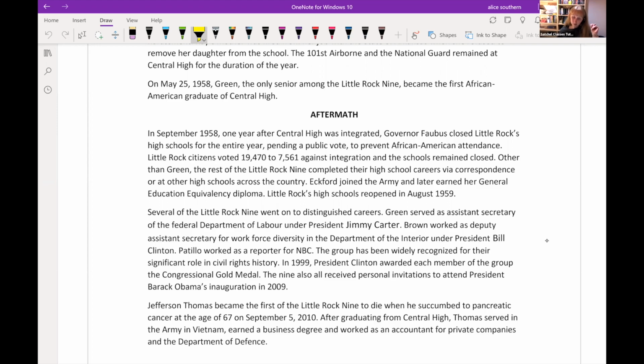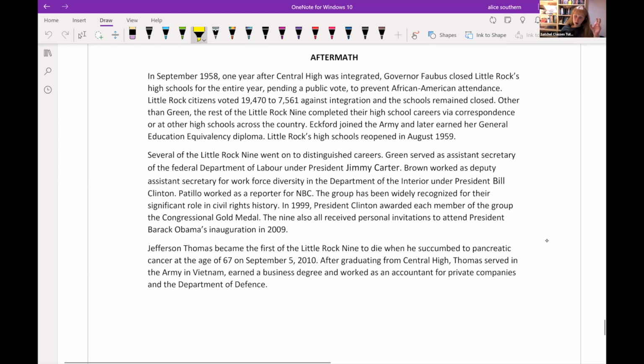So they do complete their high school careers via correspondence or somewhere else. Okay, so they do manage to get their education, but not necessarily at that high school because it does remain shut. So they then go on to have significant good careers, and they have a significant role in the civil rights history.